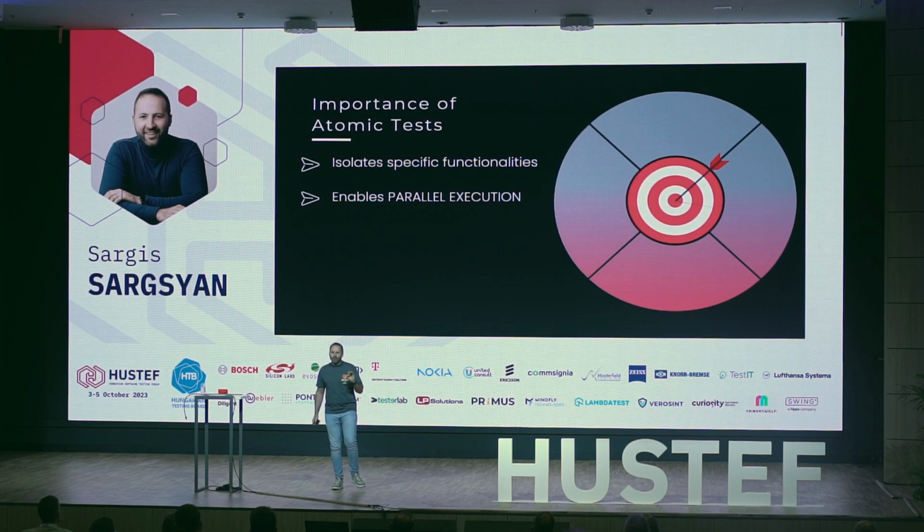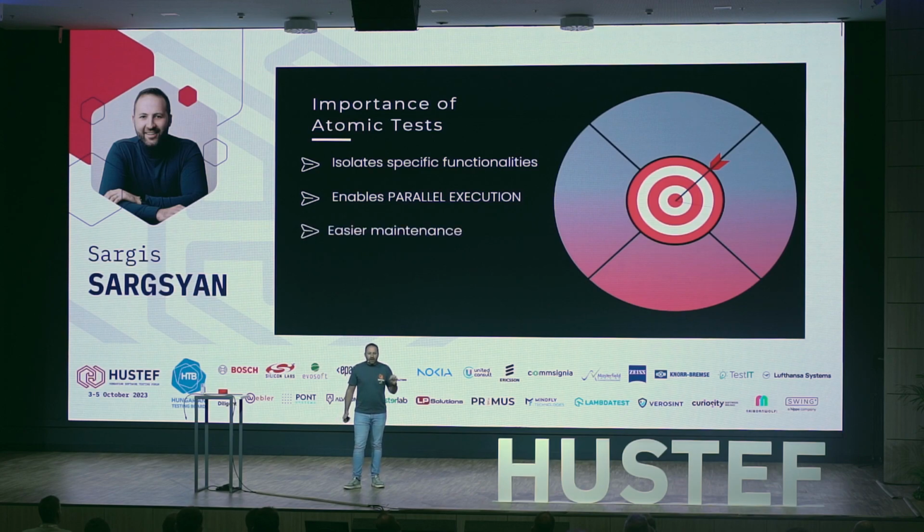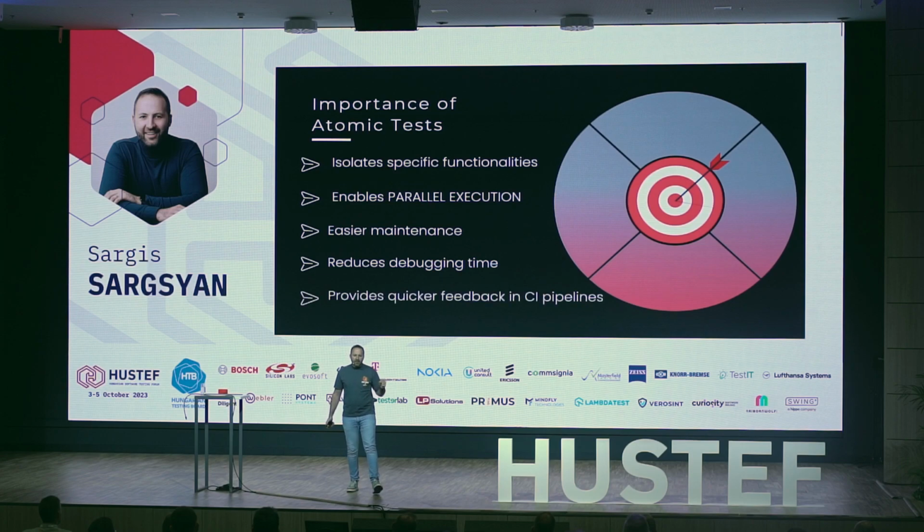This is very, very important. If you want to do automation and it should be fast, you have to do parallel running. Easier maintenance, reduced debugging time, and quicker feedback from the CI. In big companies, or in any IT company, whenever we are working in automation, we have a customer, which is the engineering team.